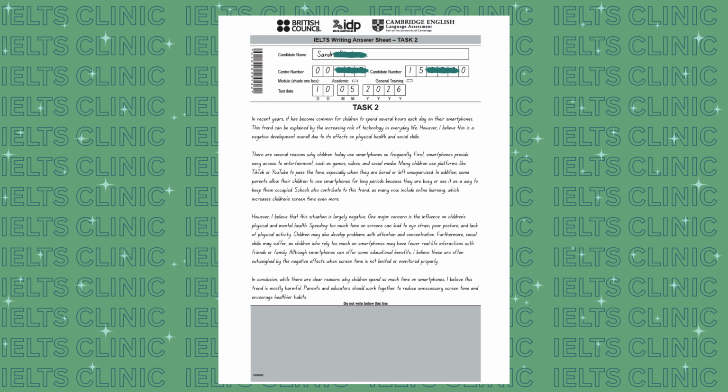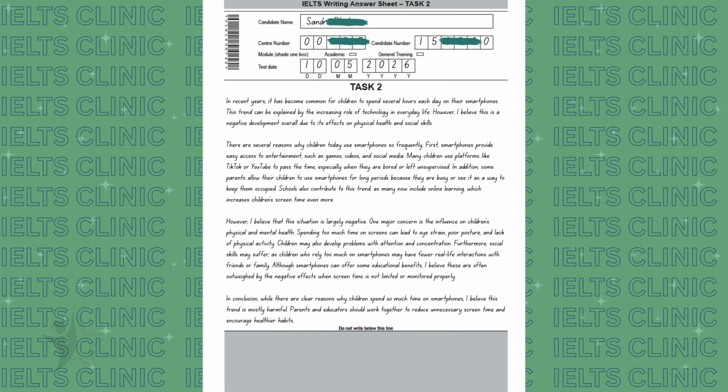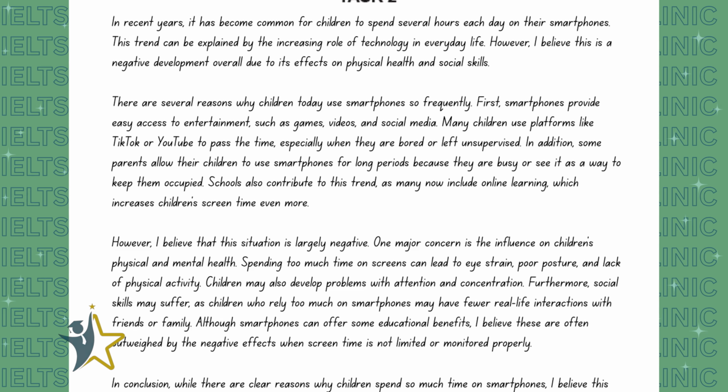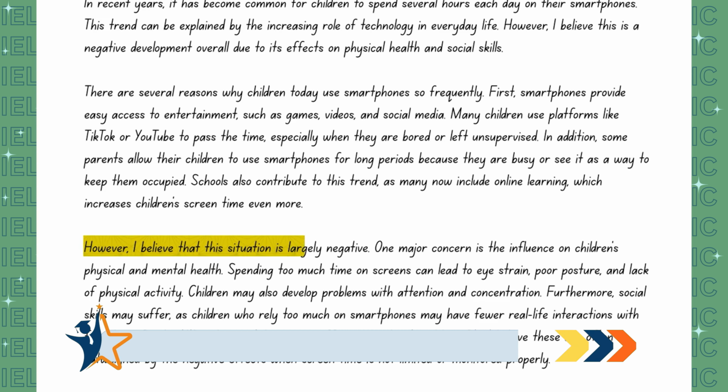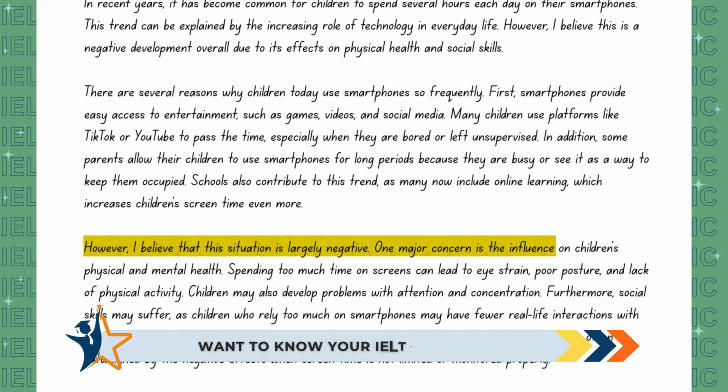Let's look at this sample answer written by an IELTS candidate. Now, when we move down to the second body paragraph, we can see that the candidate has written, "However, I believe that this situation is largely negative. One major concern is the influence on children's physical and mental health."